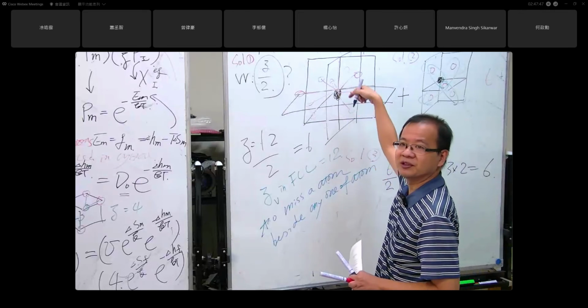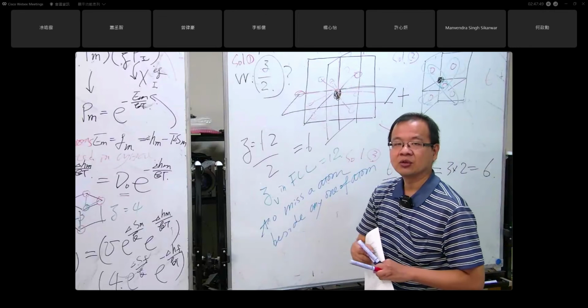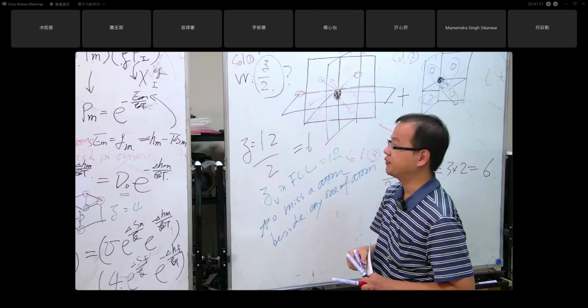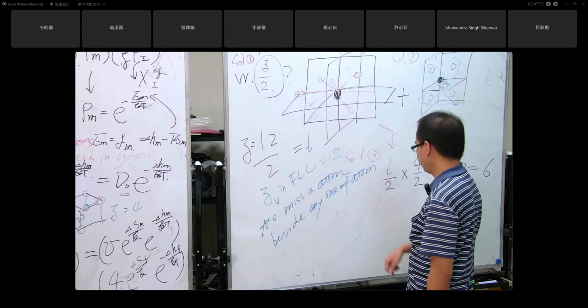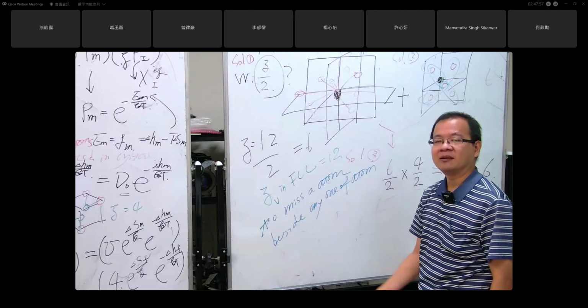So 12 choices, and that's a crystal structure we are familiar with. That's why for vacancy, it's simpler. You just use the coordination number.